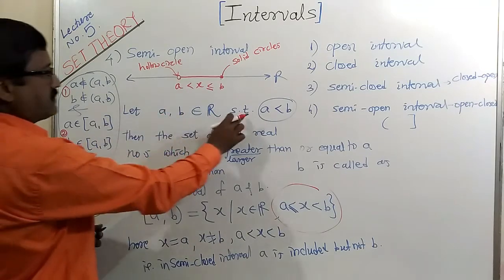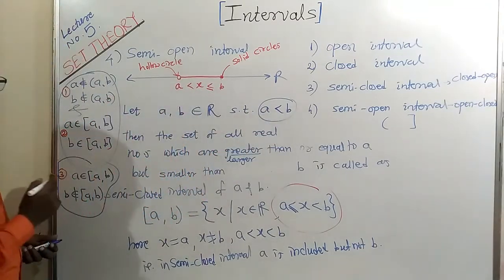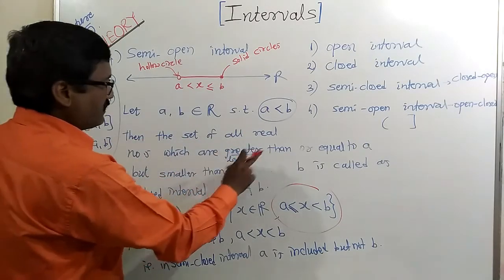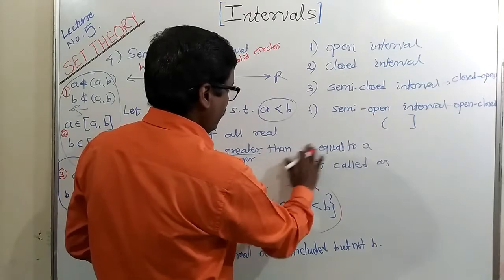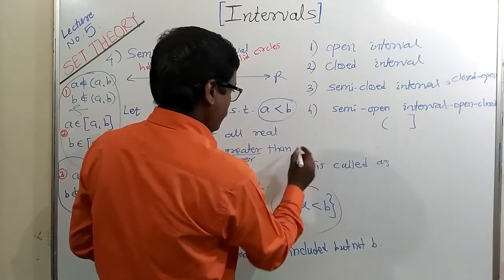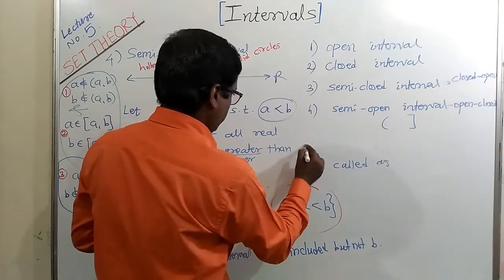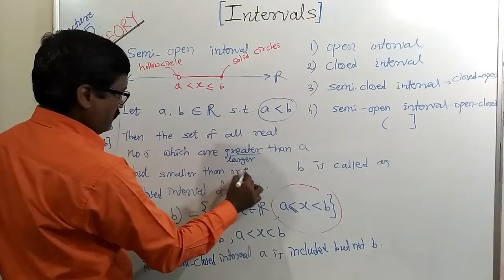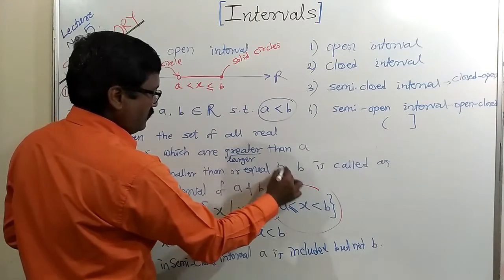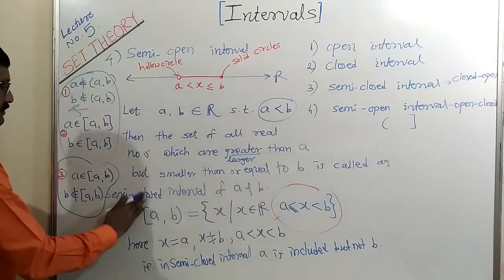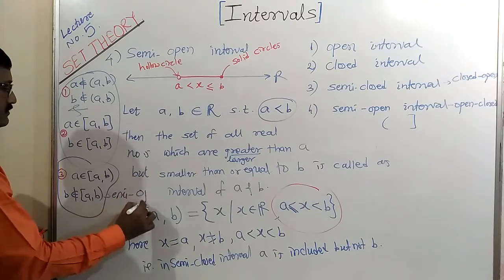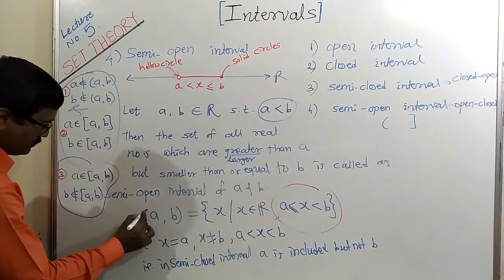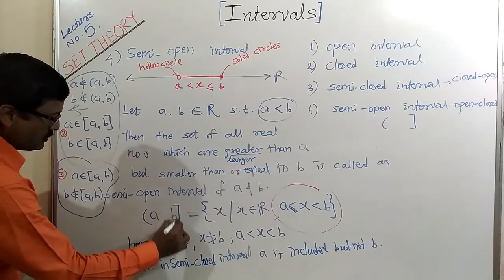Let A and B belong to R such that A is less than B. Once again we are taking A to the left of B. Then the set of all real numbers which are greater than A but smaller than or equal to B is called the semi-open interval of A and B, and it is represented as semi-open means open close.